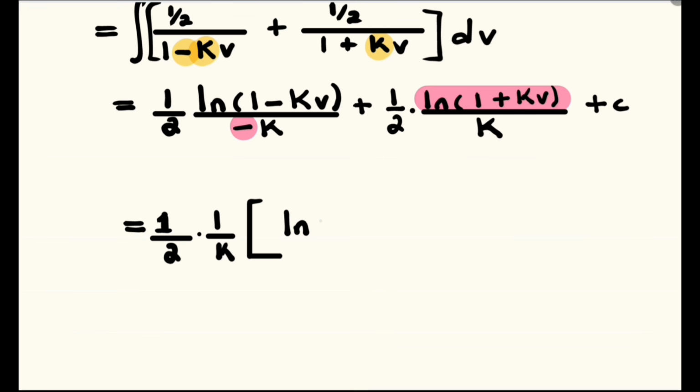So we are going to have the ln of 1 plus kv, and we have this one which is negative, minus the ln of 1 minus kv.